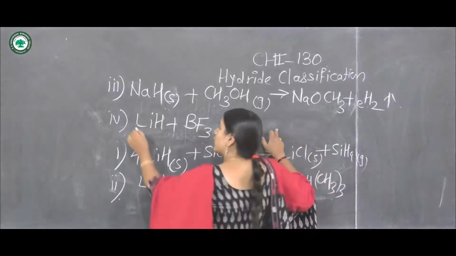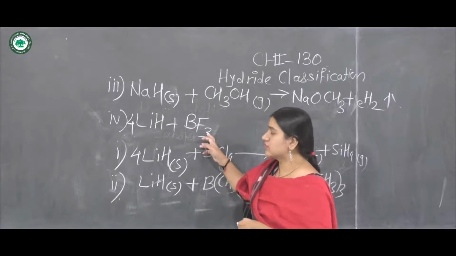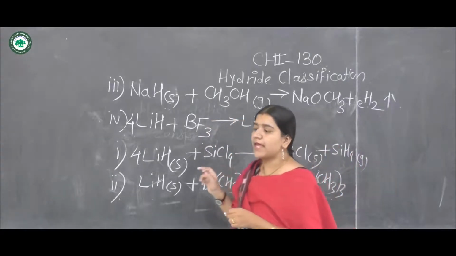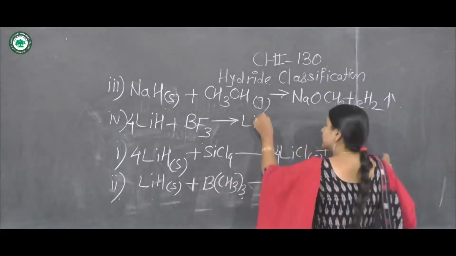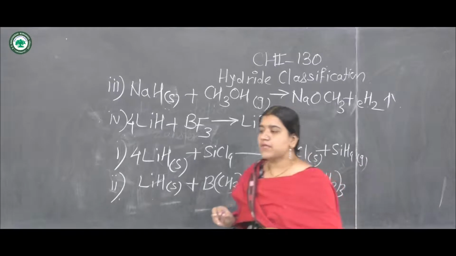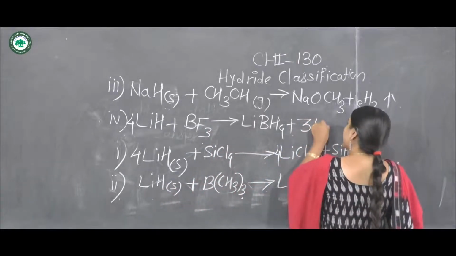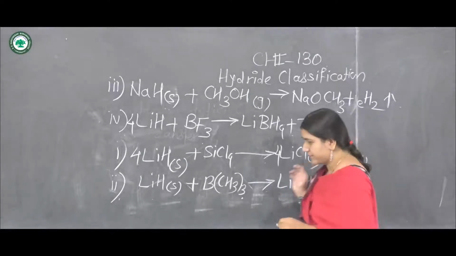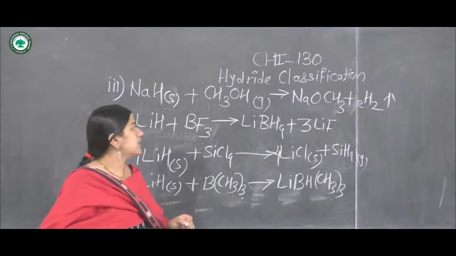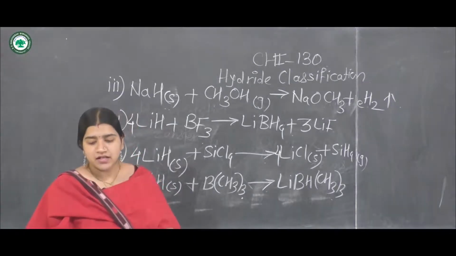When 4 moles of lithium hydride react with BF3, it will form LiBH4 plus 3LiF. So this is also a metathesis reaction for the hydrides.